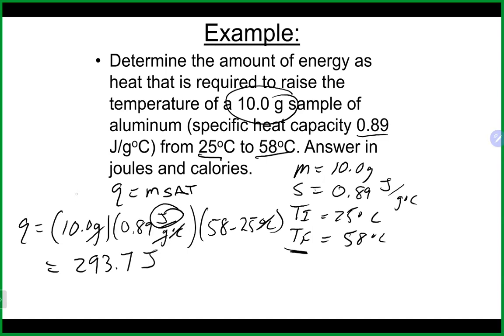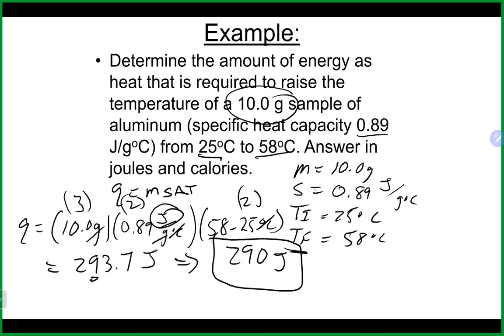Well, this one's got 3. This one's got 2. And when we subtract this, we end up with 33, right? Which is also 2. So technically speaking, we should end about there, which would take us to about 290 joules, which would be one answer. We also want to convert it to calories.